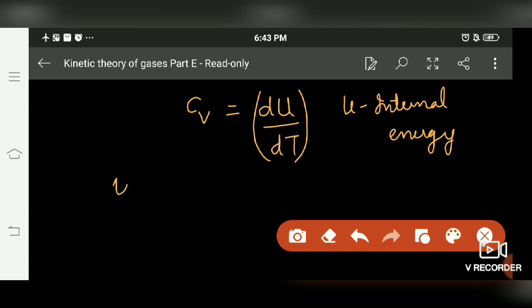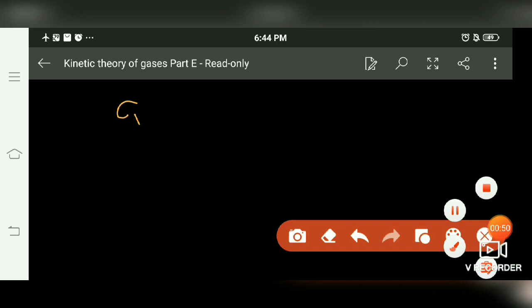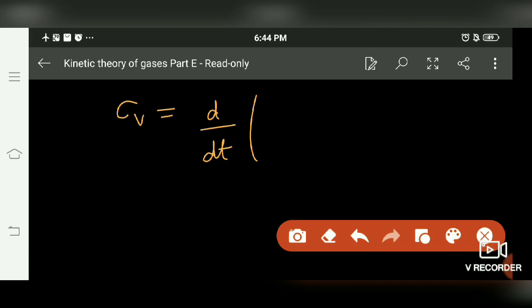The formula for internal energy is F by 2 into kT or RT, so you can also take R here for n number of particles. So for a general relation, CV is equal to d by dT of F by 2 RT. By taking the derivative, we will get this. The formula for U is F by 2 RT.